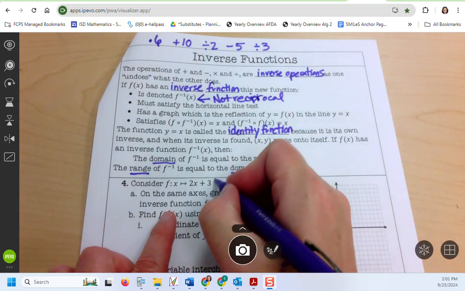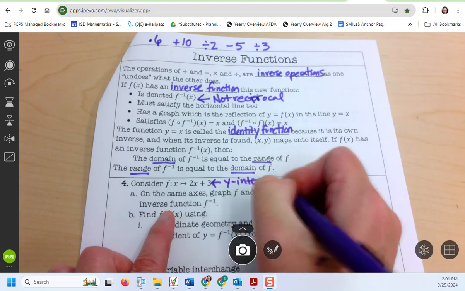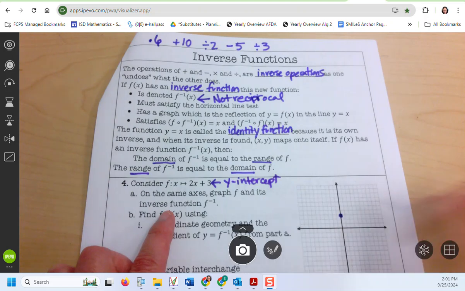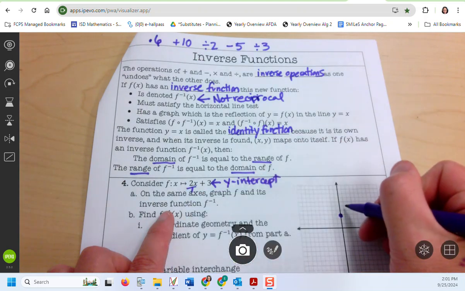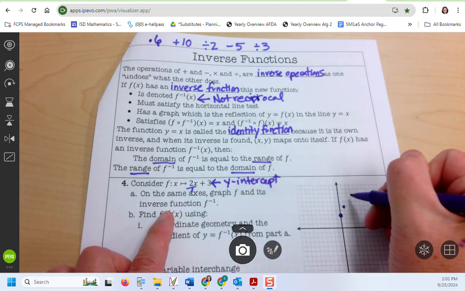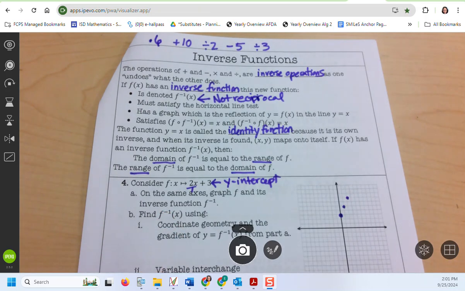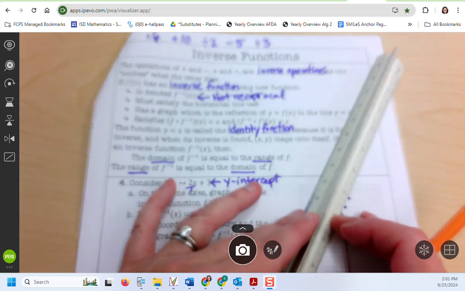So this number is my y-intercept, my starting point. 1, 2, 3. And I do a slope of 2 over 1. I'm going to make 3 points, and I'm going to graph it. If you have a straight edge, like even your student ID, you can graph a nice straight line.